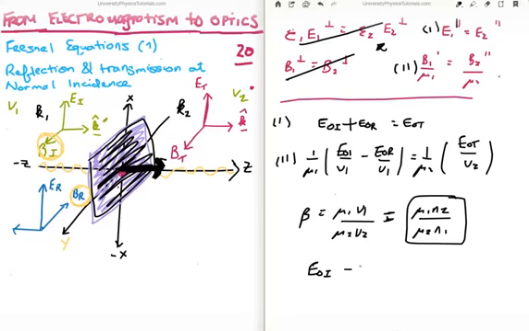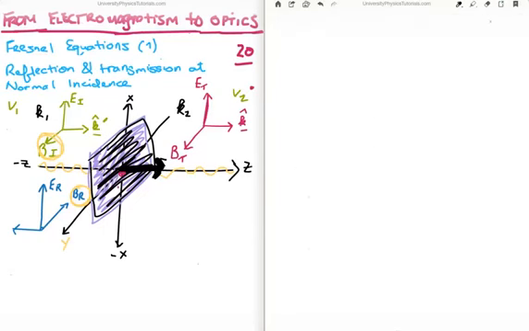Like so. And if we do that, we're able to recast the boundary condition as E0I minus E0R is equal to beta E0T, provided we use this substitution here.